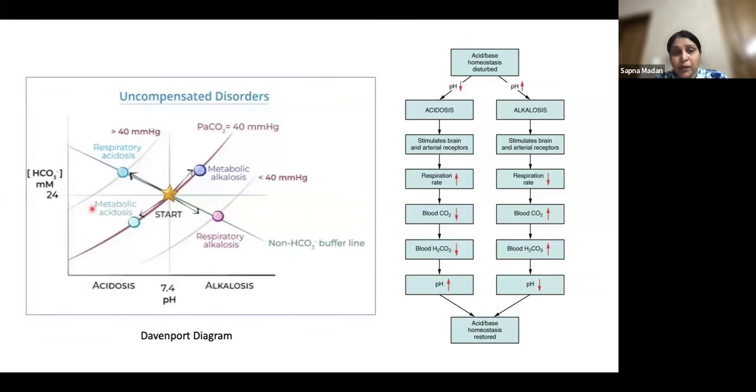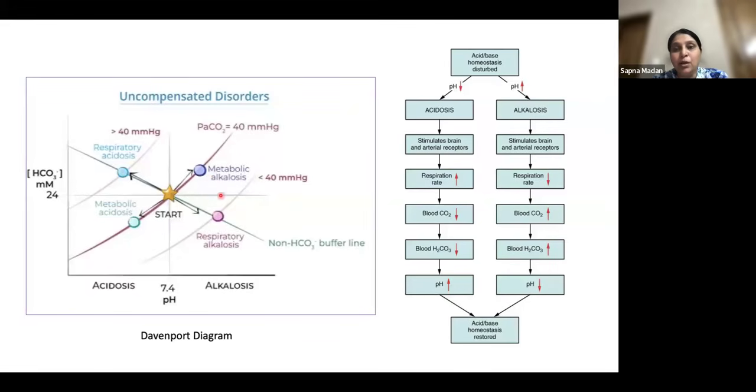So if the cross is marked in the upper left quadrant, that is indicating respiratory acidosis. Similarly, if it is in the lower left quadrant, then it is metabolic acidosis. If it is in the upper right quadrant, it is metabolic alkalosis, because this is alkalosis and the bicarbonate is going up on the Y axis.